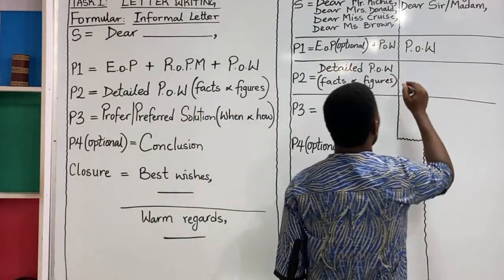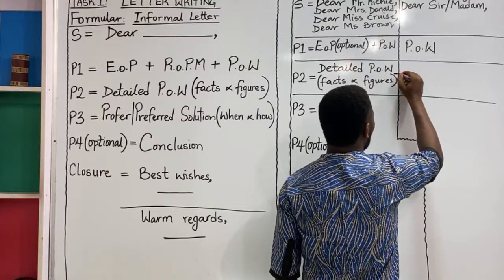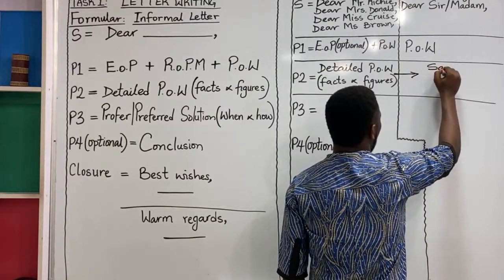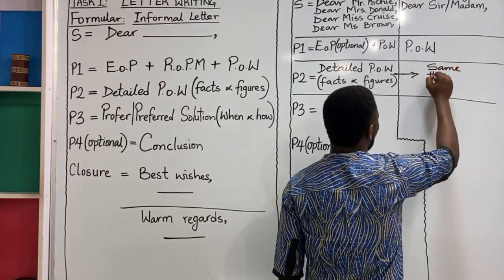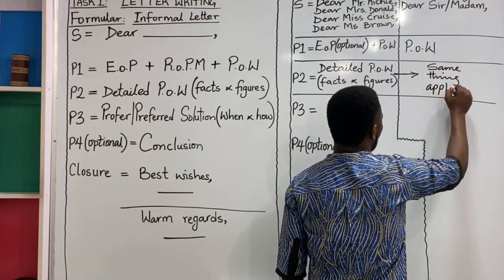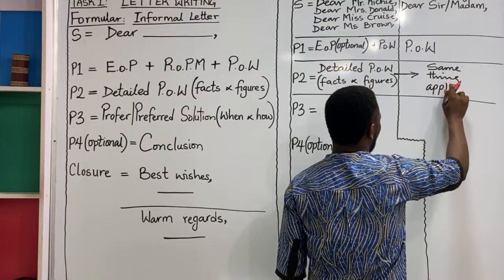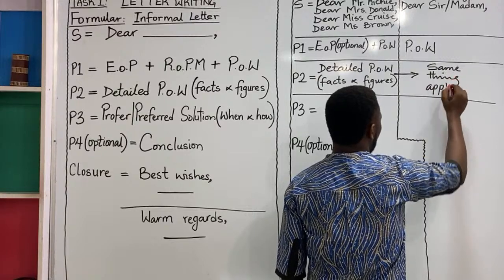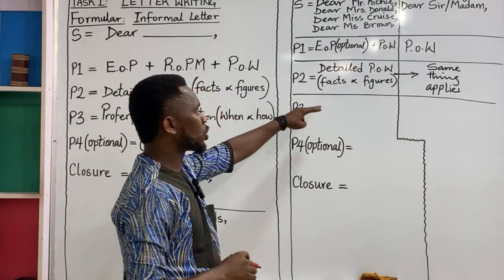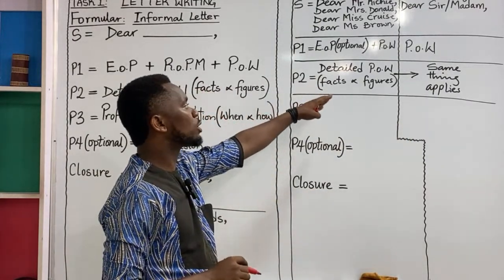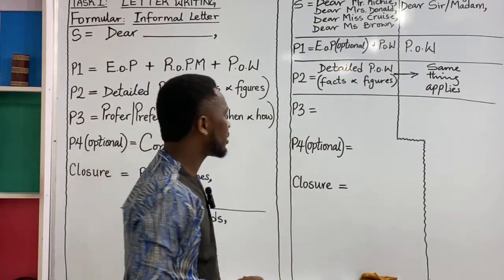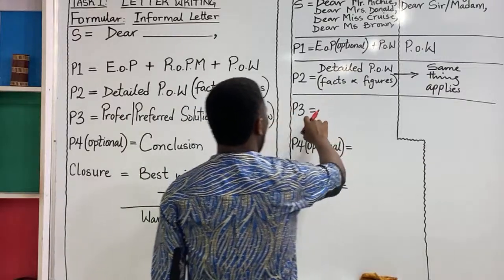Now, for the formal letter, same thing applies. You are also talking about your detailed purpose of writing, whether it is a semi-formal letter or a formal letter. Okay? Now let's look at your third paragraph.